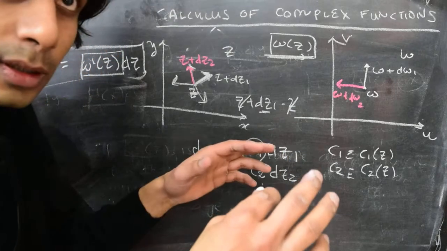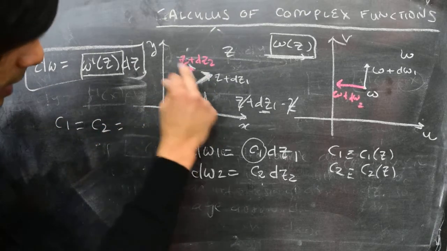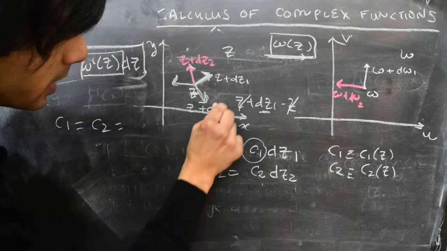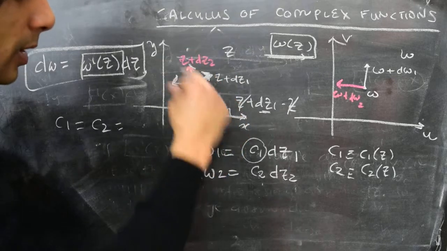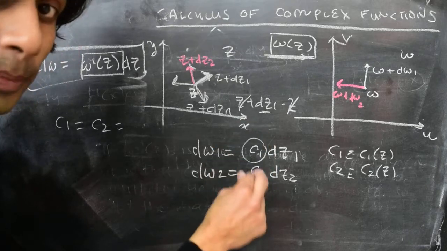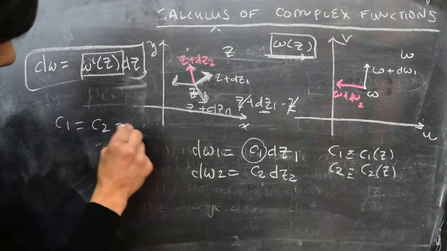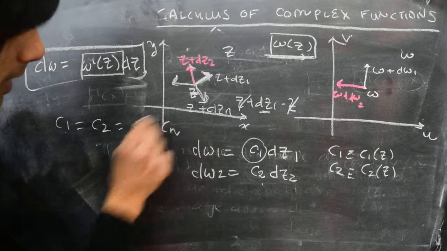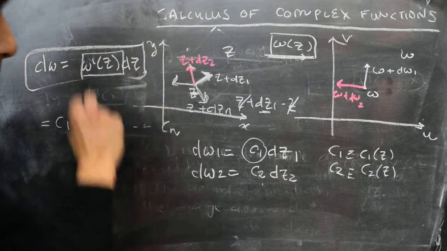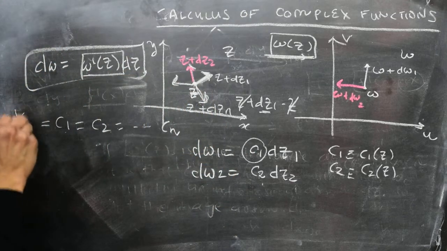So we want c1 equals c2 equals any other, if this direction is denoted by z plus dzn, then any infinitesimal arrow going in any direction from the point z has to be multiplied by the same complex number at the point z in order to get the image arrow dw. So what we want is that c1 equals c2 equals cn, and if that is the case, then we say that a unique derivative at the point z exists, and that unique derivative is denoted by w'(z).